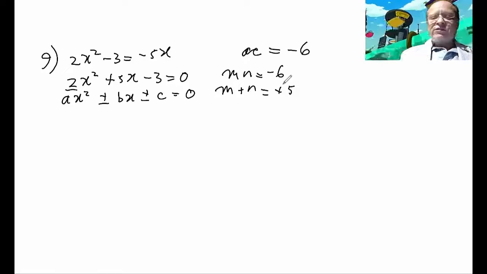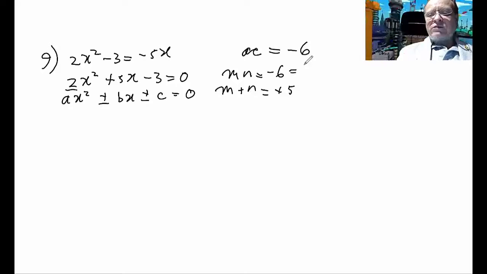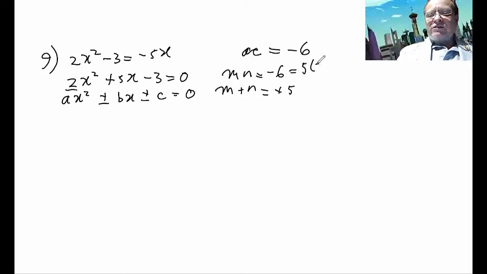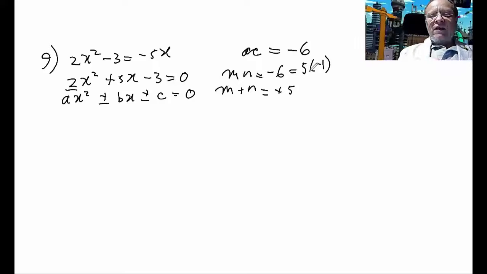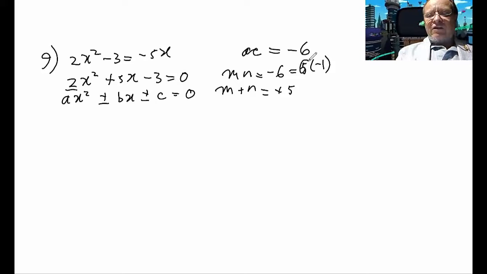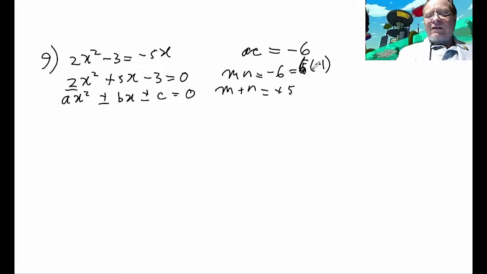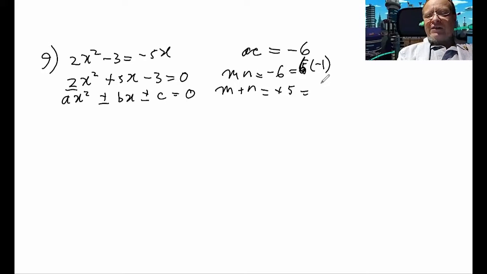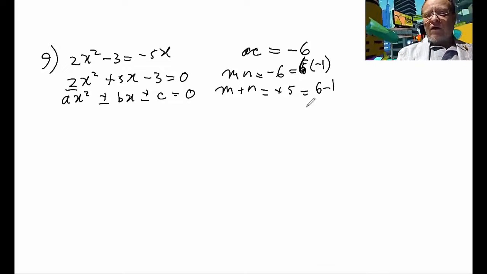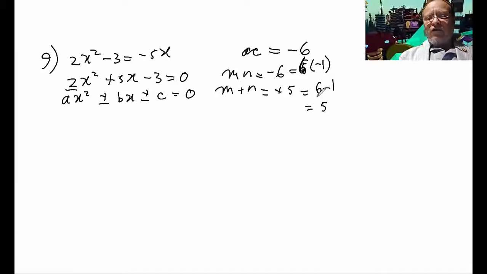Well, it turns out that if I multiply 6 times negative 1, I get negative 6. But if I add 6 minus 1, I'll get 5.